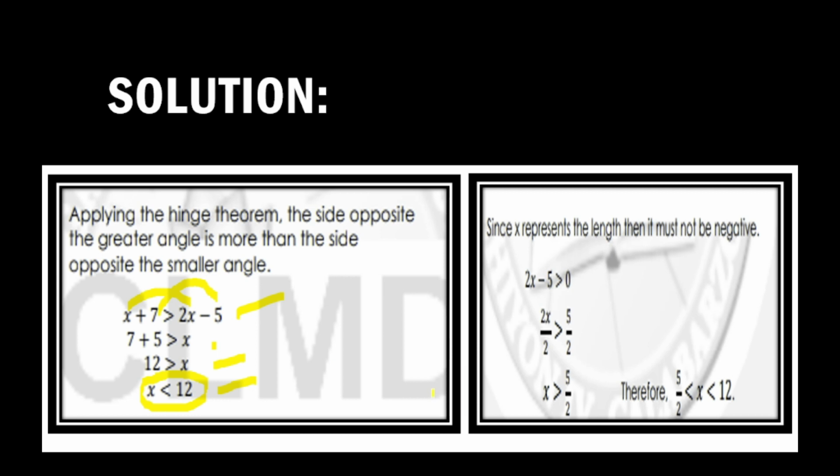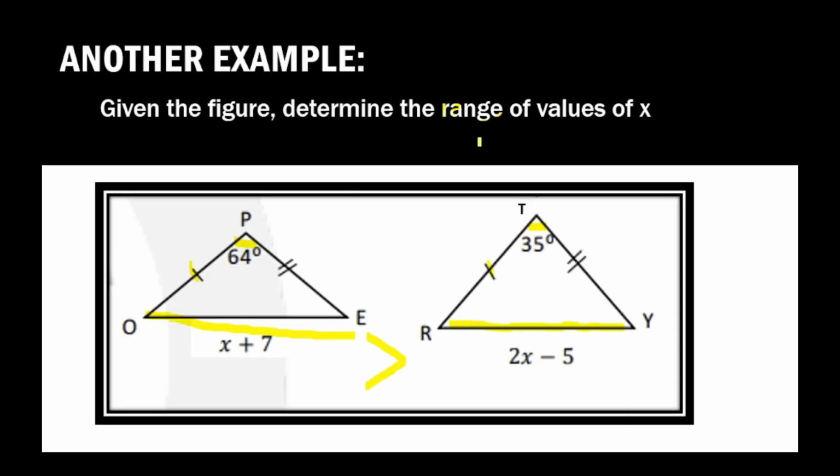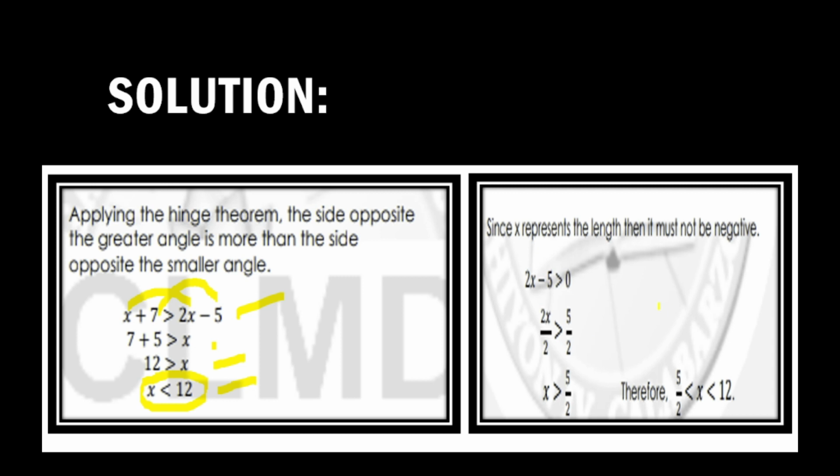Okay? But our problem is to determine the range. So, what is the range of our x? By solving, we get another inequality, which is 2x minus 5, and 2x minus 5 must be greater than 0. Why? Because there is no negative measure of a side. So, the measure of a side is greater than 0.